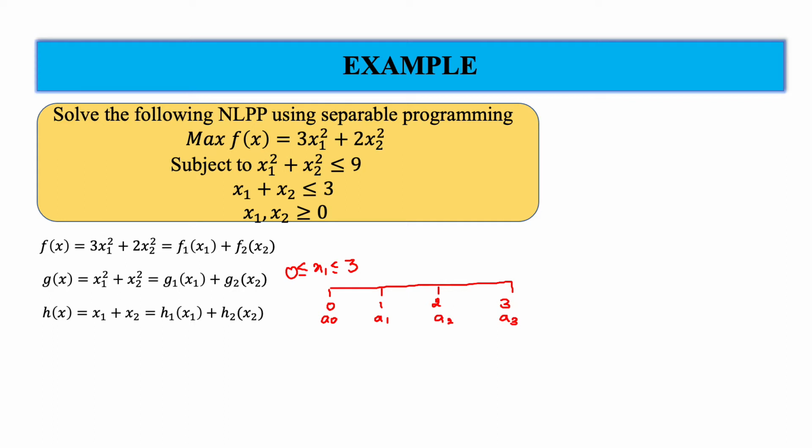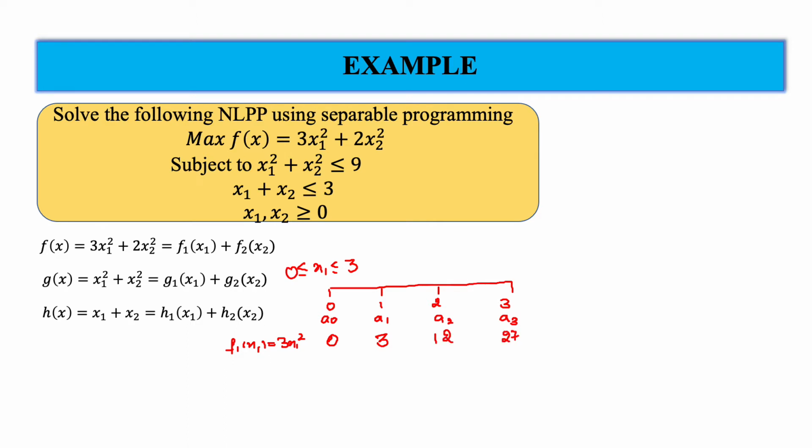Now what is f1(x1), which equals 3x1 square, at these grid points. When x1 equals 0, you get f1(x1) as 0. When you put 1, 1 square into 3 gives you 3. 2 square into 3 gives you 12, and then 27.